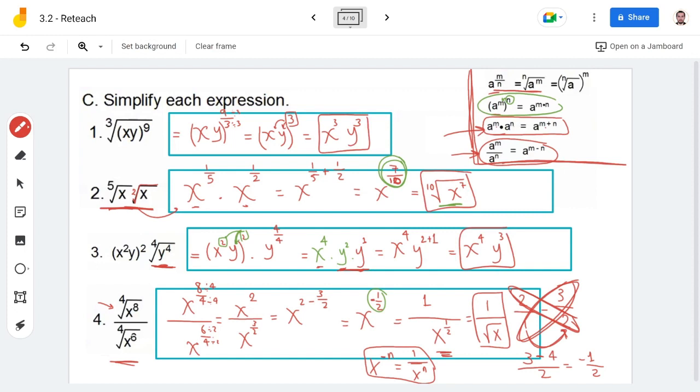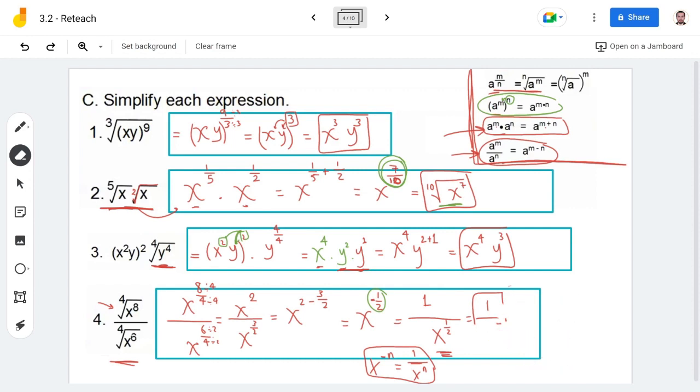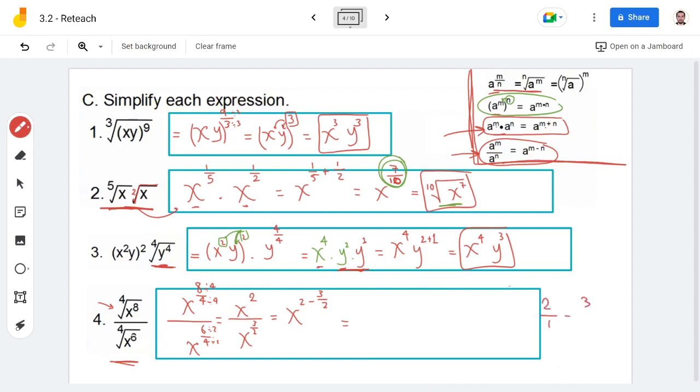Now let's go next. Okay, sorry, before I go, I made a small mistake here when I subtracted both of them. Let me do this one again so you don't make my mistake. Let me go back here. When we subtract the powers, it should be 2 over 1 minus 3 over 2.